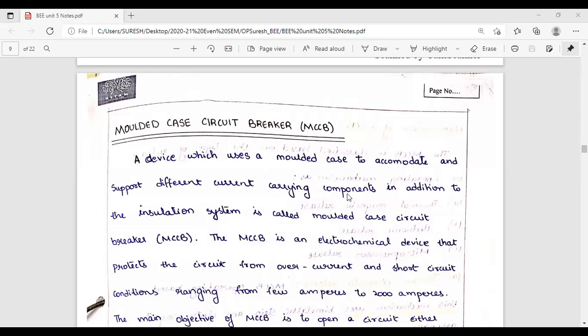All the current carrying components are placed inside the molded case along with the insulation system, and that is called a molded case circuit breaker. Is it clear? Different current carrying components are placed in a single molded case, a single box.